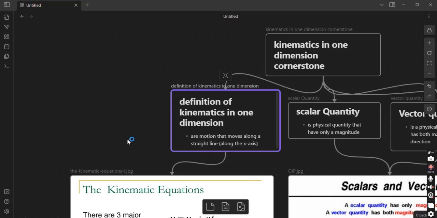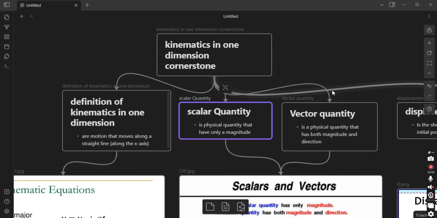Okay. We also have the physical quantity and the scalar quantity. As we all know, a scalar quantity is a physical quantity that has magnitude only, and a vector quantity is a physical quantity that has both magnitude and direction. So please note that there's a difference between scalar quantities and vector quantities.